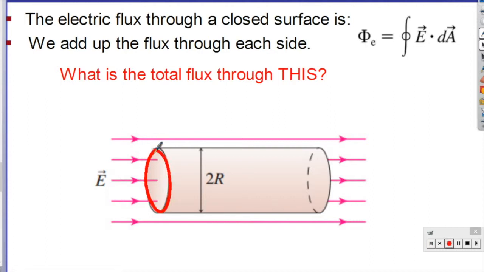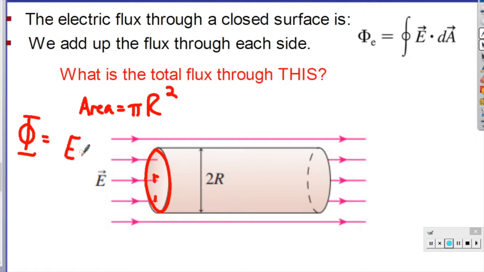So let's look at this red face first. This has an area of pi r squared. And the electric field here is always perfectly perpendicular to the surface, so this is one of those where it's just E times A. So my flux through here is going to be E times pi r squared.